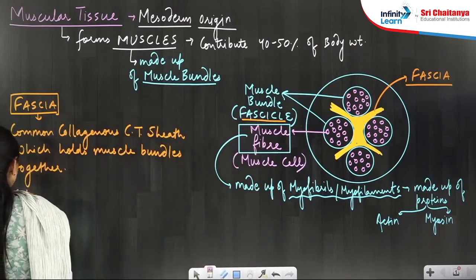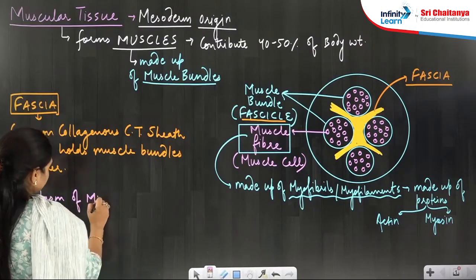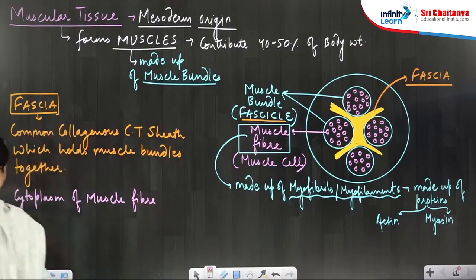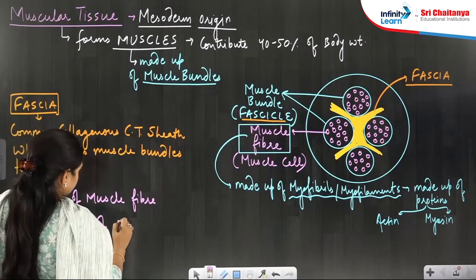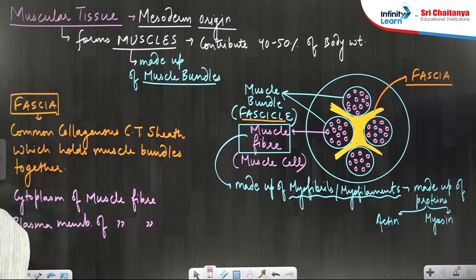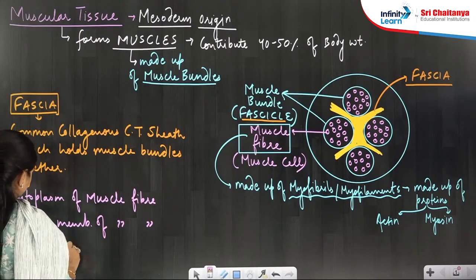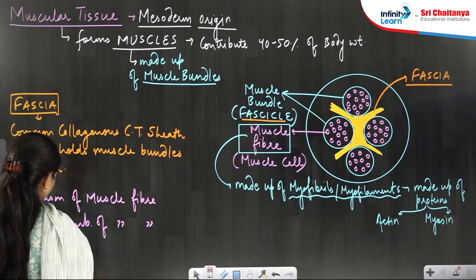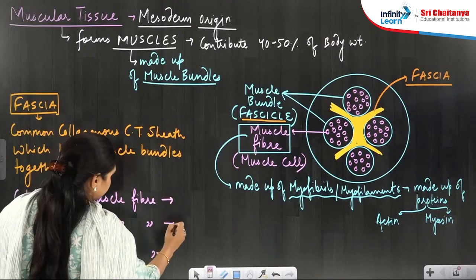So cytoplasm of muscle fiber, plasma membrane of muscle fiber, endoplasmic reticulum of muscle fiber are known as what?